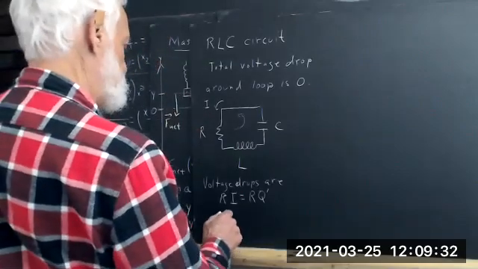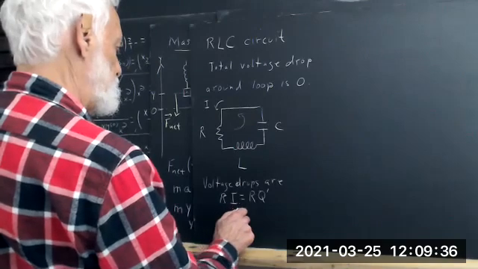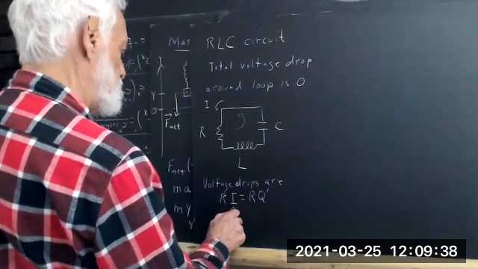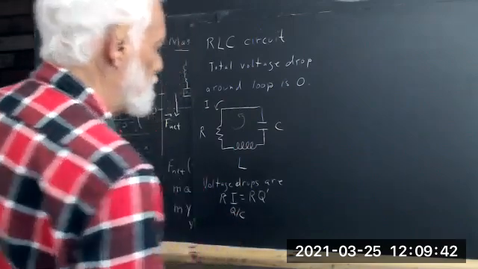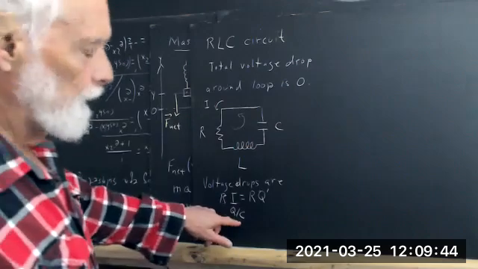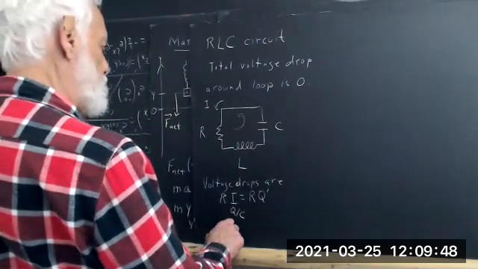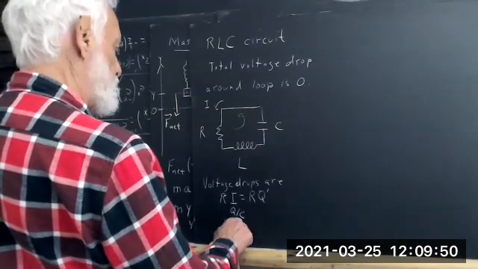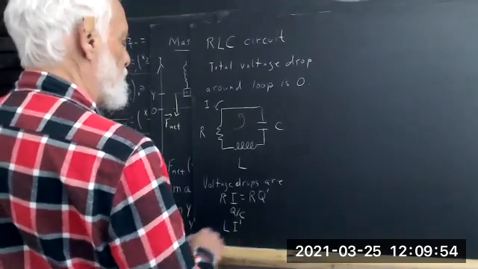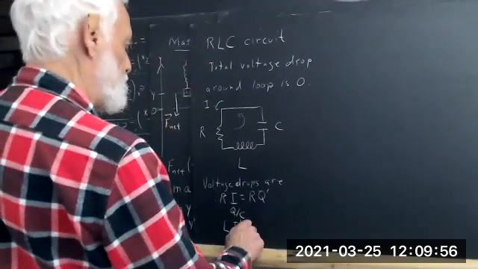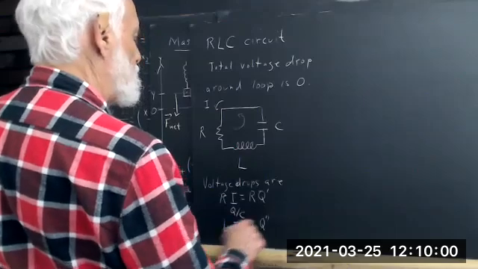Then you have Q over C, charge on the capacitor divided by the capacitance. And then you have L times I prime, which equals L times Q double prime.